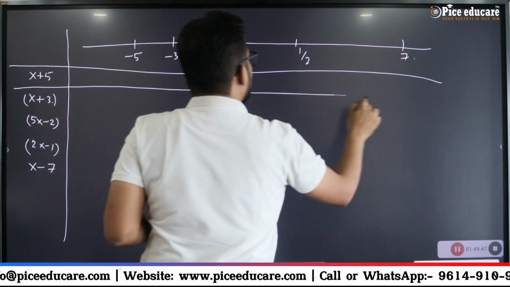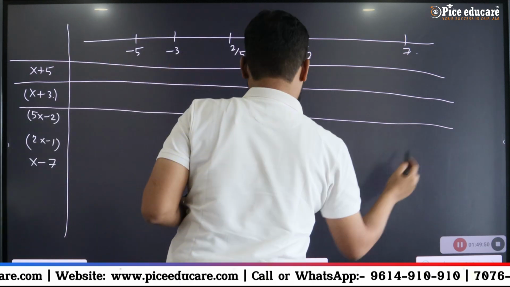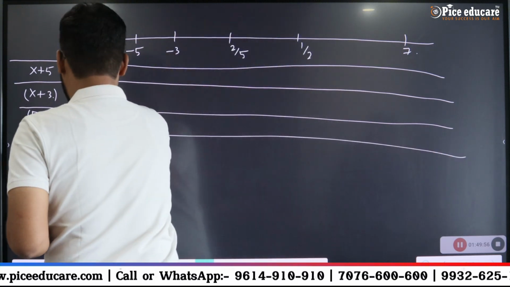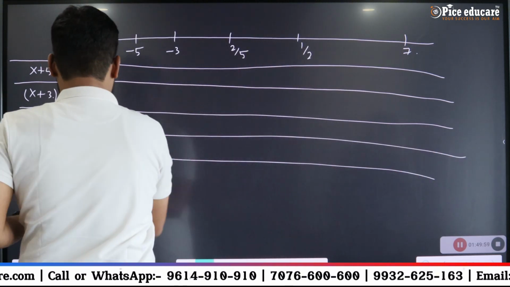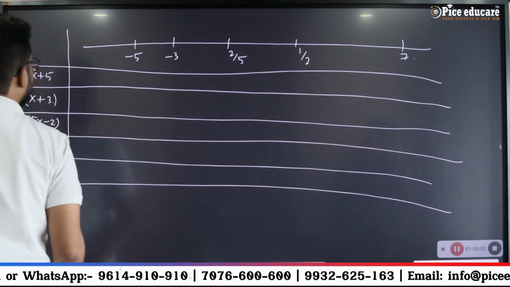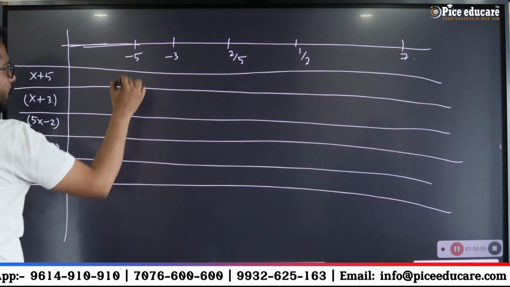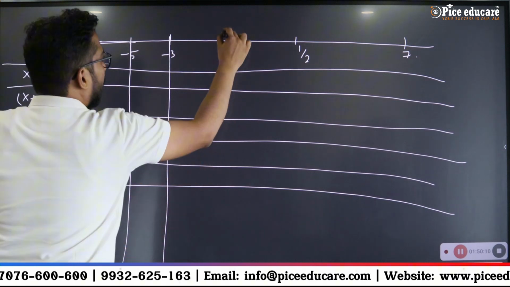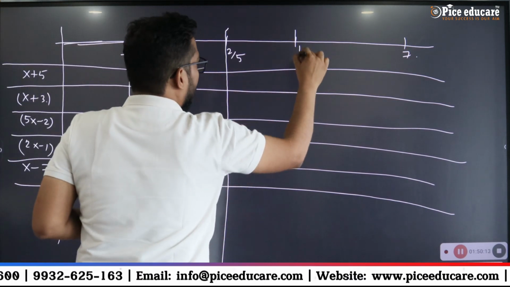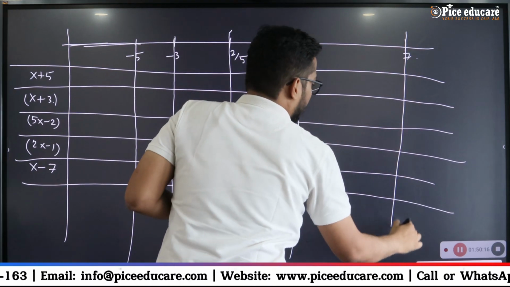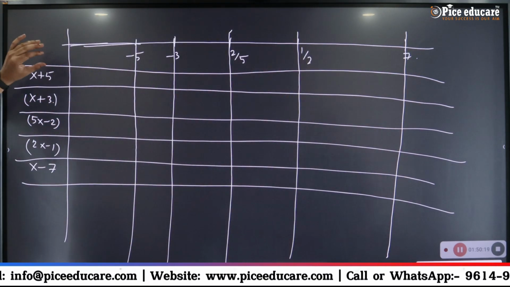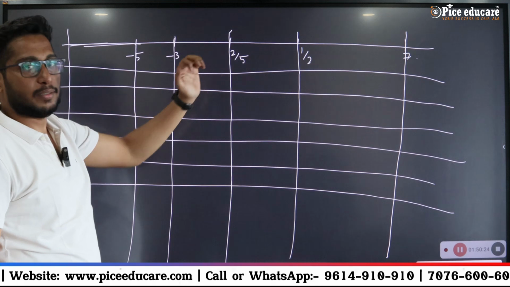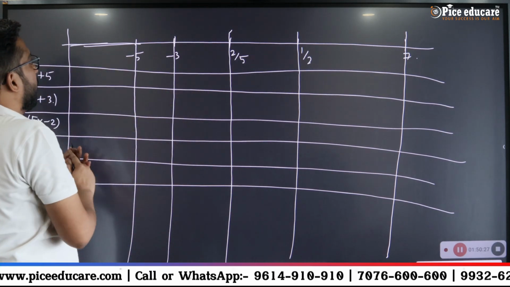you can start writing the signs. So you are moving with your x from left to right. The idea behind this arranging is so that you can look at it like this.